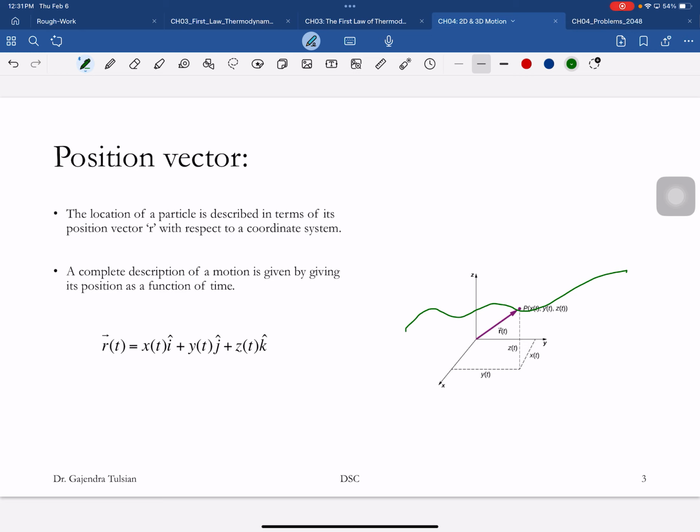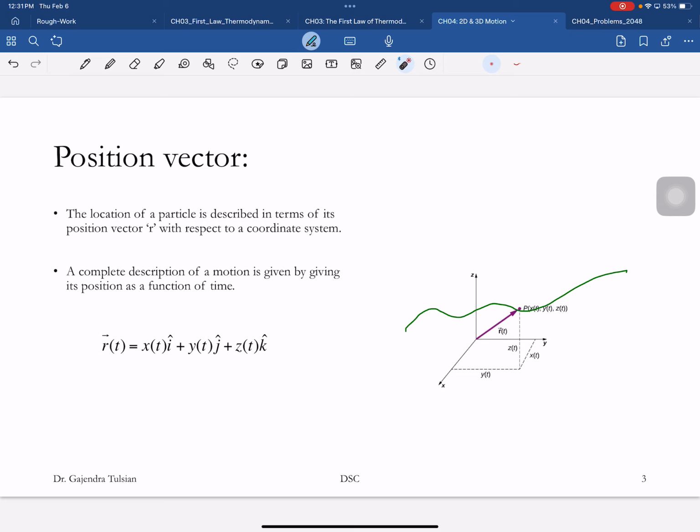Okay, and this motion can be parameterized in terms of the time. So this is where the bird is at 0 seconds, 1 second, 2 seconds, and so on. So the motion is completely described when you are given these 3 functions: x as a function of time, y as a function of time, and z as a function of time.